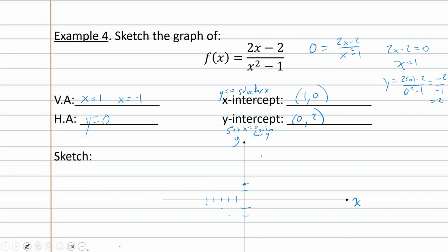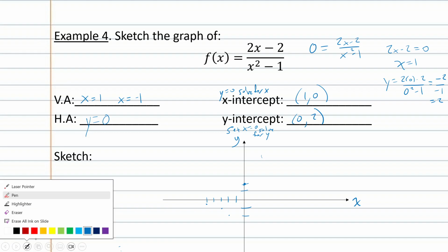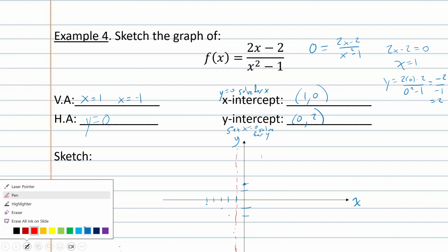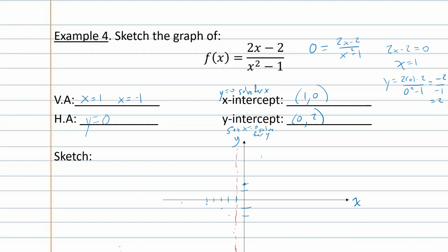And remember that we have that vertical asymptote at x equals -1. I'm going to draw that vertical asymptote here in red as best I can, like a red dotted line so that I don't run into it, hopefully, when I go to sketch. Now I'm going to go back to my color here.